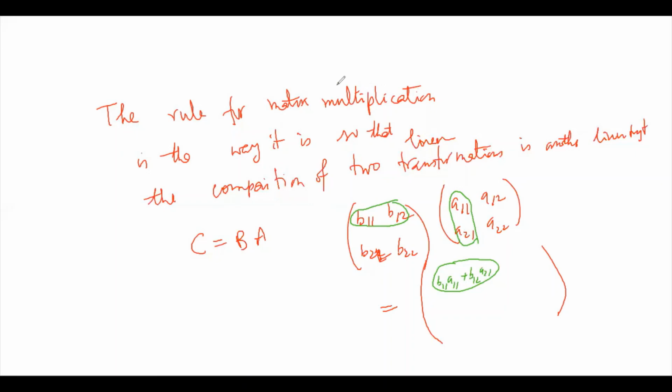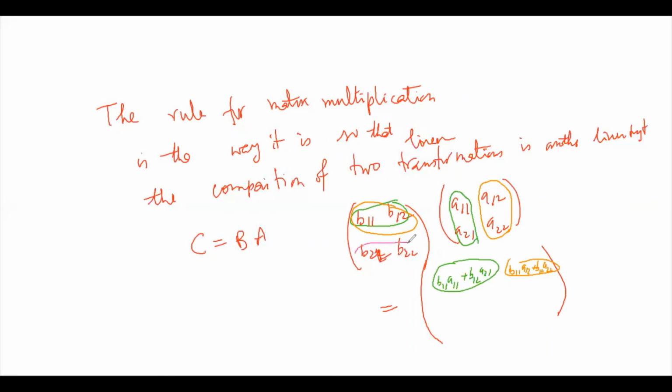Similarly, now next color, this plus this gives you this element, which is B11 A12 plus B12 A22.